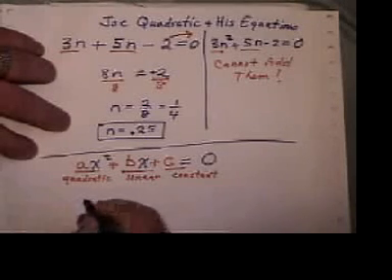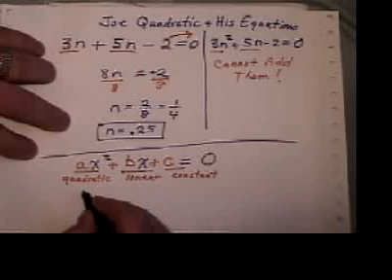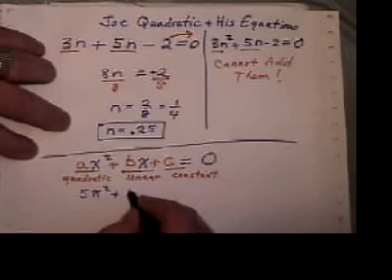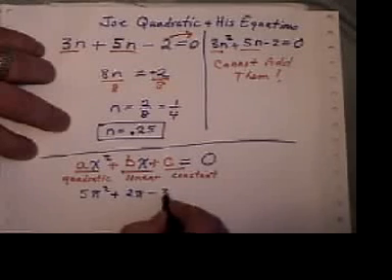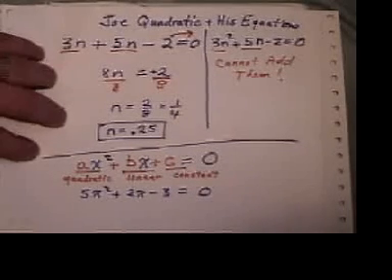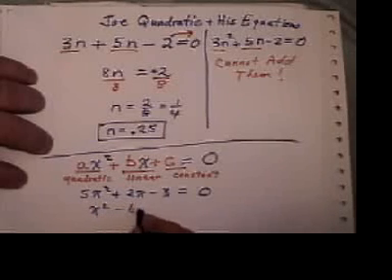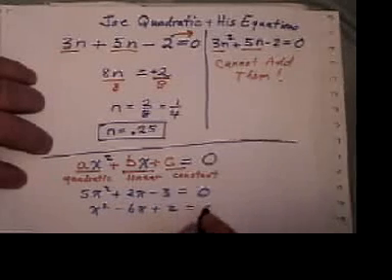Let's look at some examples. 5x squared plus 2x minus 3. Or you could have x squared minus 6x plus 2.